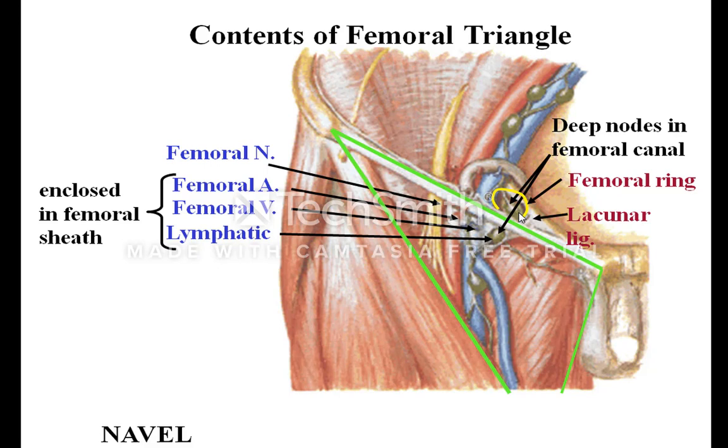Also, lymph nodes can be seen inside the femoral canal. So this is a ring, and this ring leads to the femoral canal. So again, the contents are the femoral nerve, the femoral artery, the femoral vein, and the femoral canal, which contains the lymph node.